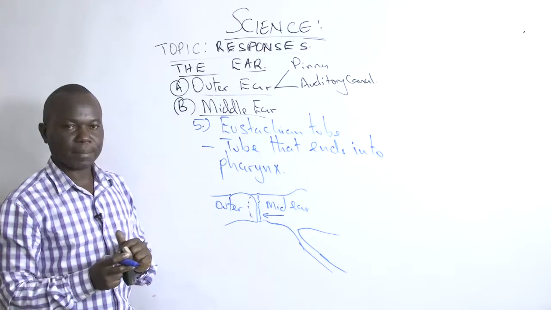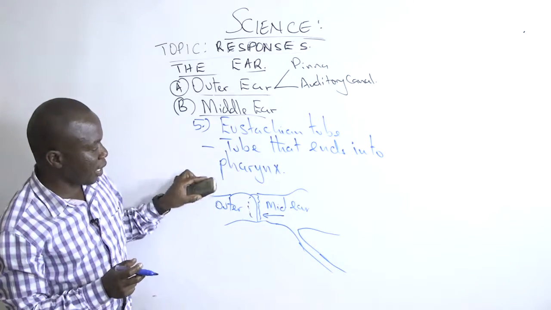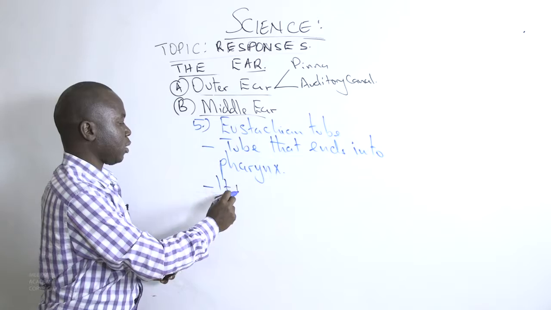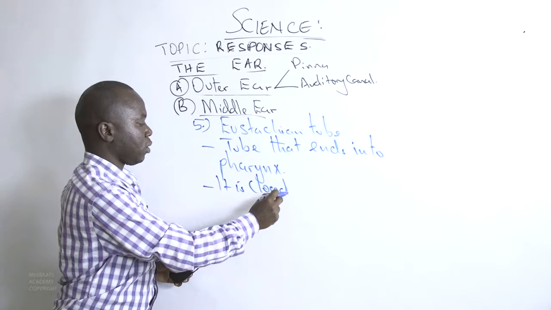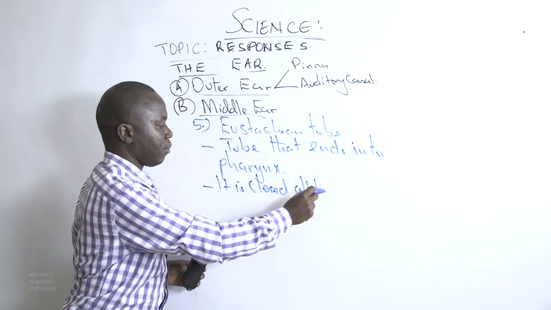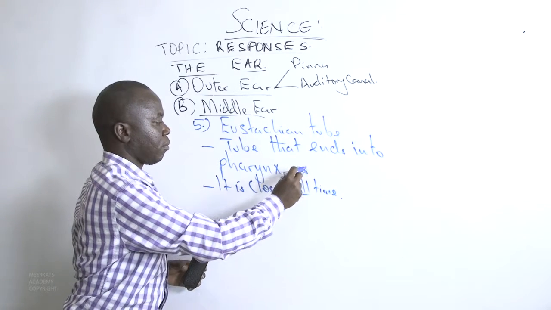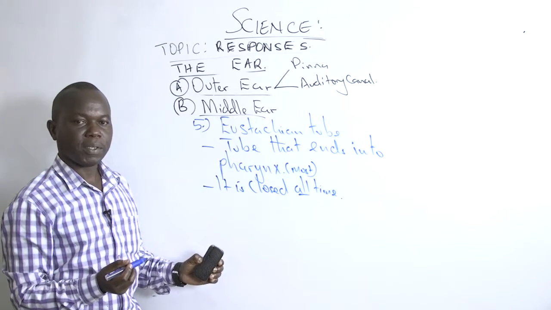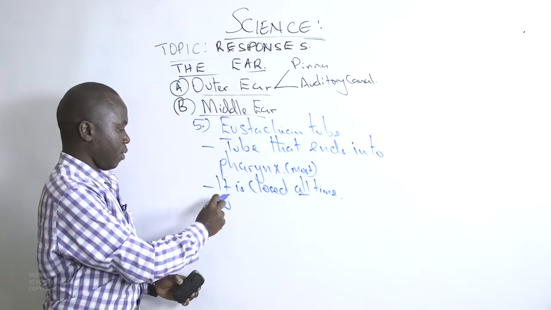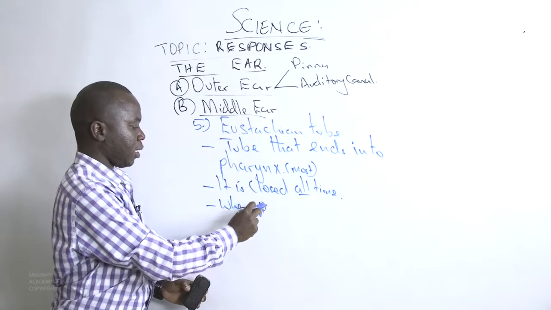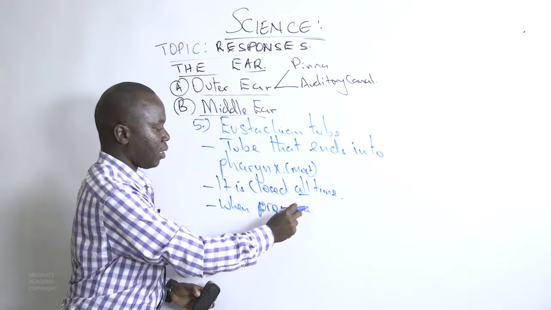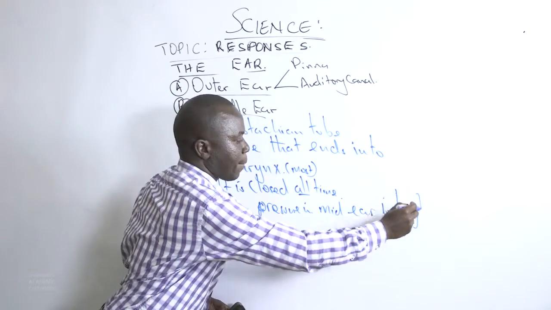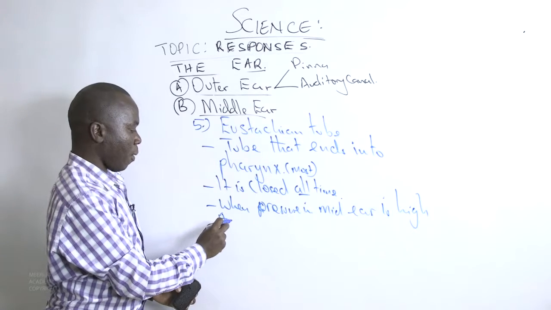But how does this happen? The Eustachian tube most of the time is closed. It is closed most of the time. But it can be opened when the air pressure, for example, inside is very high. When pressure in the mid-ear is high, it can open.